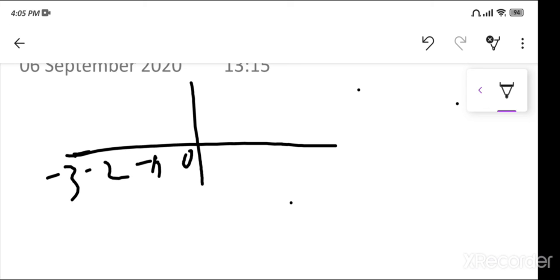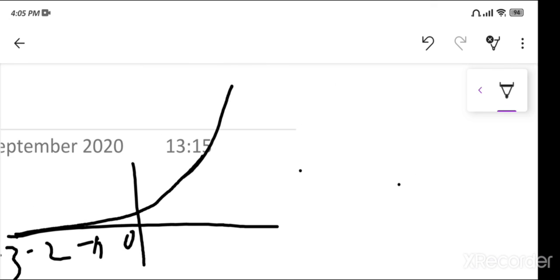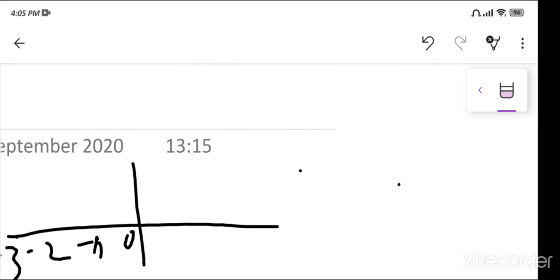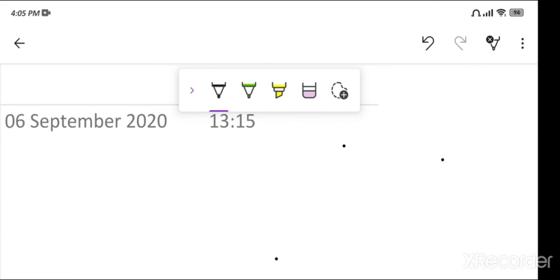So the graph goes like that. It goes upwards as you go up because the value increases. That's not a big thing. You guys can do it. All right, let's go into the next one.